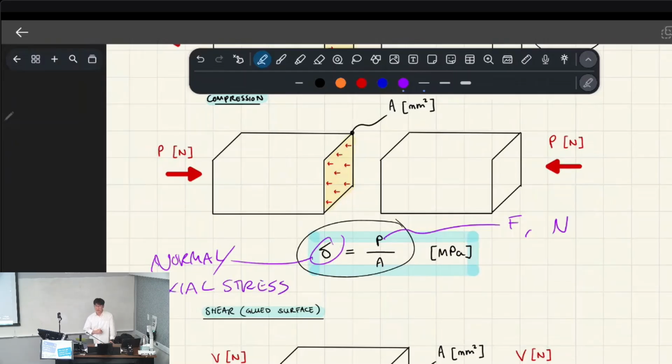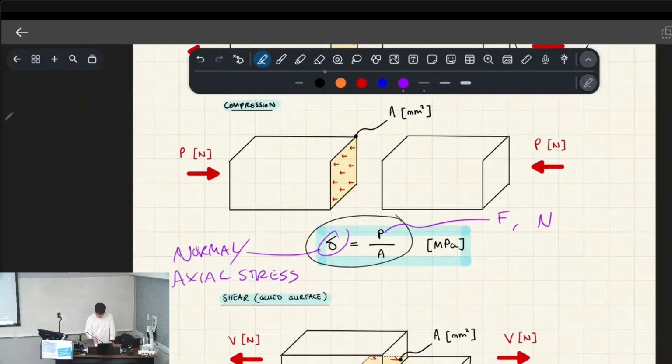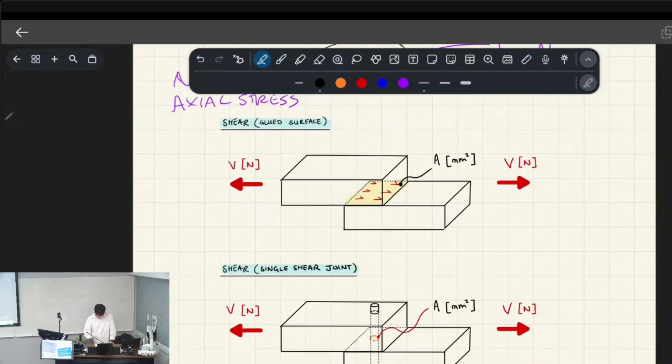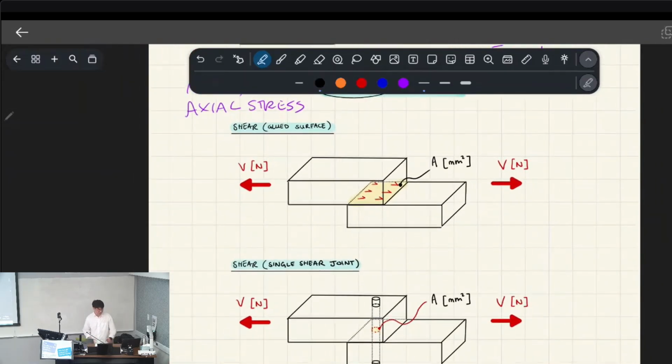Yeah, makes sense? Okay, so next, shear stress is a little bit hard to describe, but I'll try my best. So imagine I have two bits of wood, like what I've got here, and I've glued them together. And now I'm applying a tensile force on the ends of these bits of wood, so I'm pulling it out, okay?